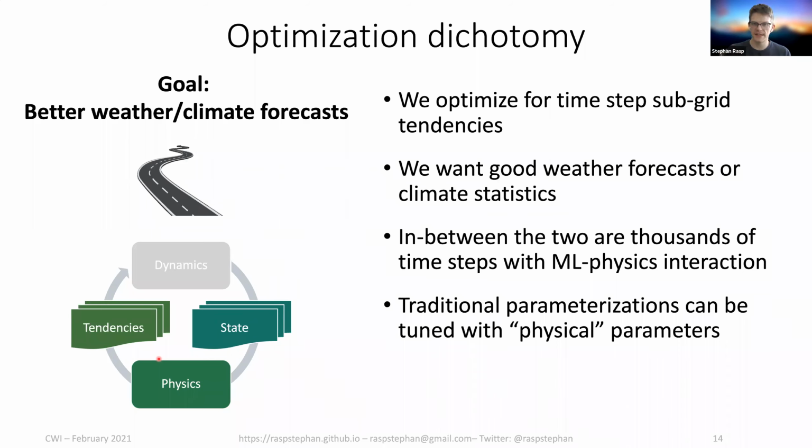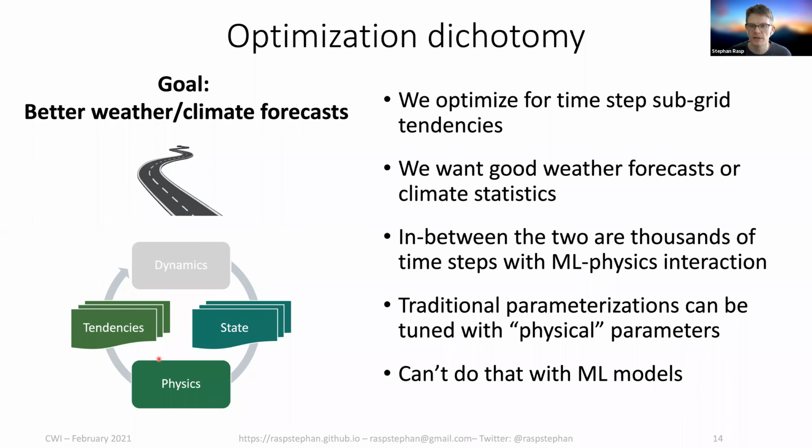You have some physically meaningful tuning parameters, and you know from experience that if you tune a particular parameter, that will have this effect on the climate model. And so, based on physical intuition and experience, you can tune these parameters to basically match what you want. You lower the error in the weather forecast or better match climate observations.